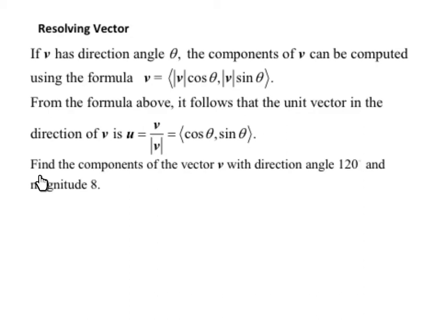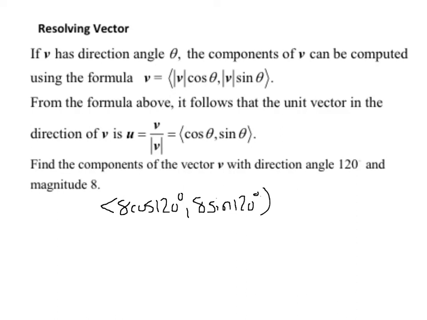So let's look at the first problem. Find the components of the vector V with direction angle 120 degrees and a magnitude of 8. Okay? So if we're looking at this right here, see how it has magnitude times cosine of theta? If we set that up, your vector is <8 cosine 120, 8 sine 120>.